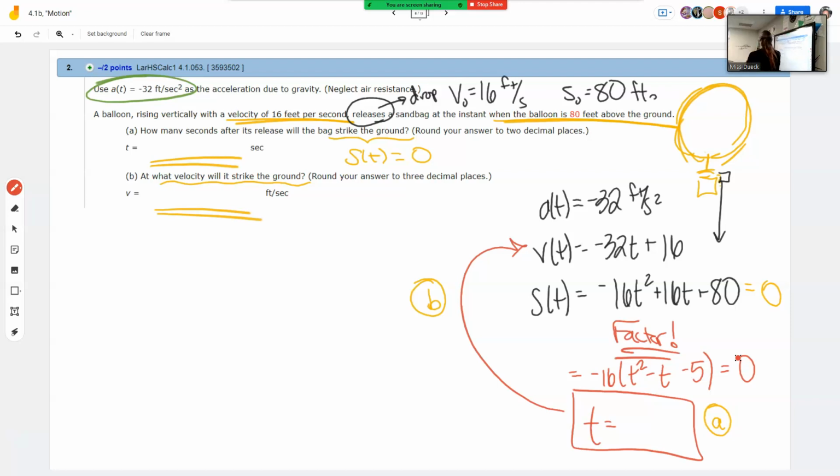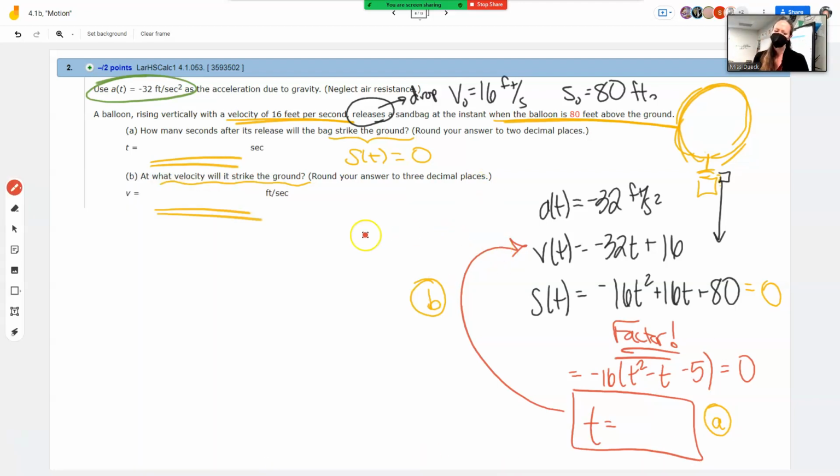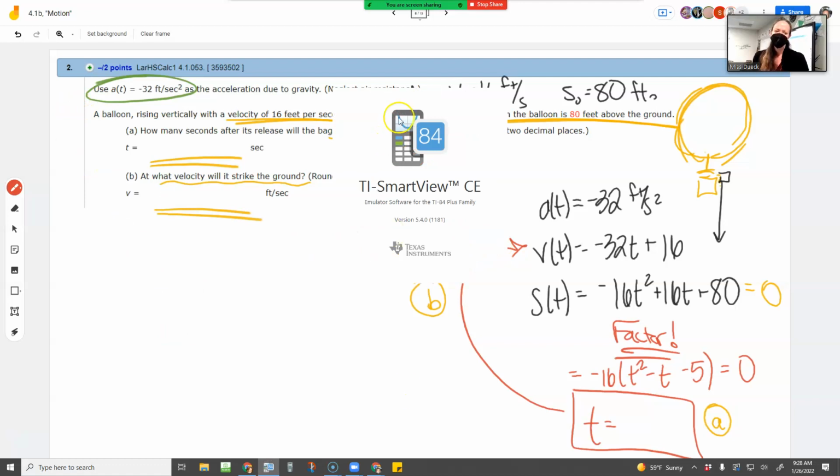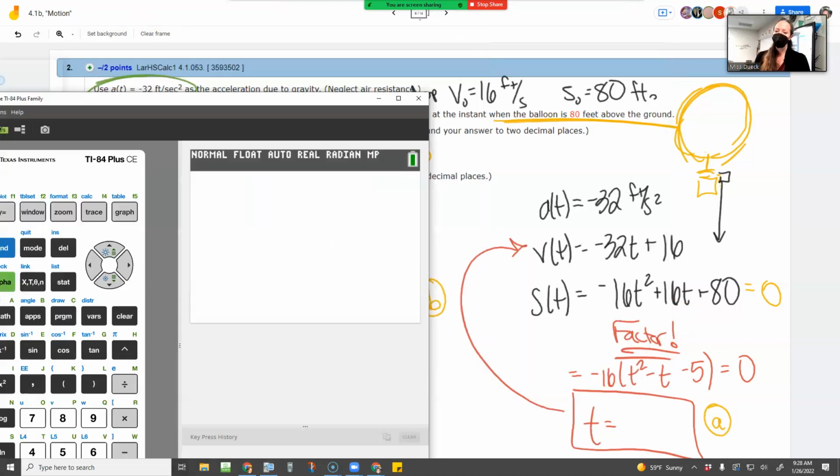Can you factor like that nicely? You can use a quadratic formula. Hold on. They're telling me to use decimals. If they're telling me to use decimals, couldn't I be putting this quadratic in my calculator? Now, maybe with 80s and stuff like that, I would not want to put that in my calculator because my window is going to be a mess.